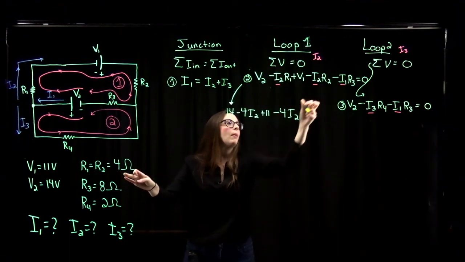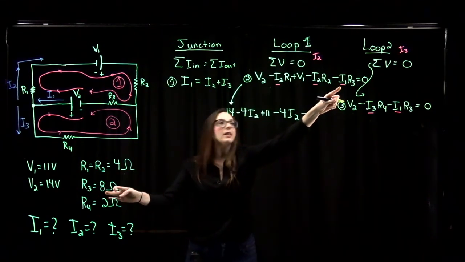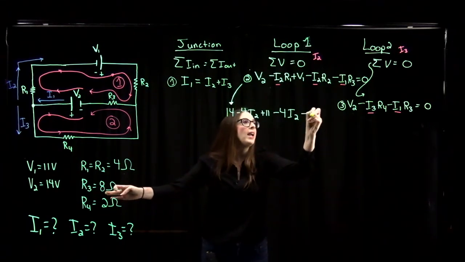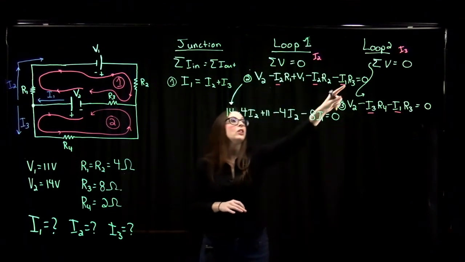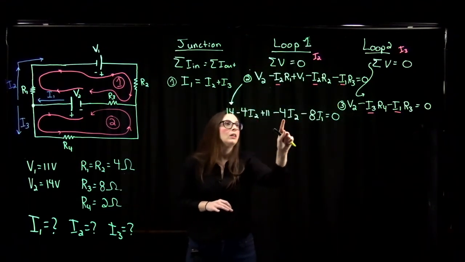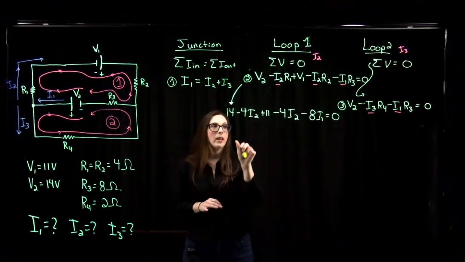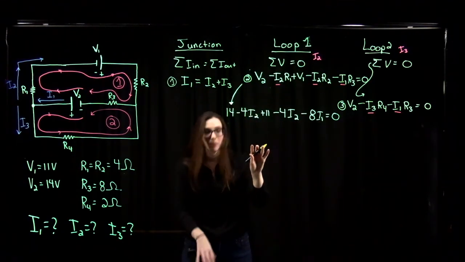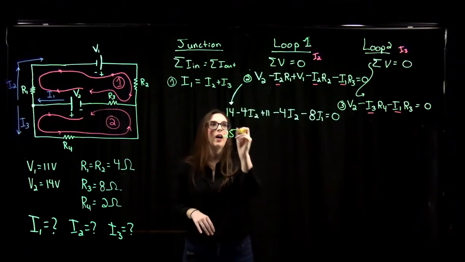And then we've got minus I1 R3. R3 is 8, so minus 8 I1. That equals 0. Okay, so I took this equation and I just put in all the numerical values that we know here. Now I can put like terms together. 14 plus 11 is 25, so that's 25.